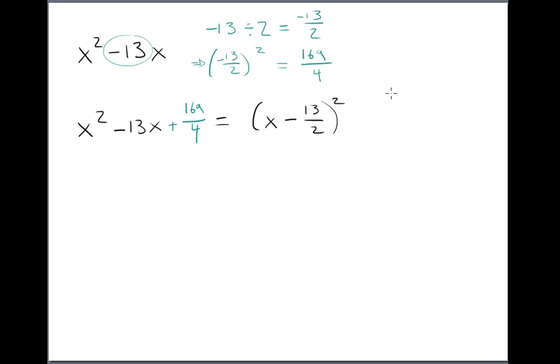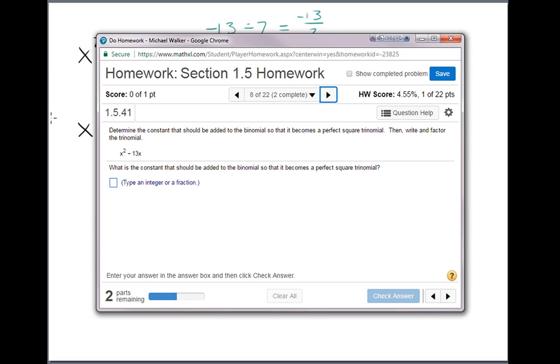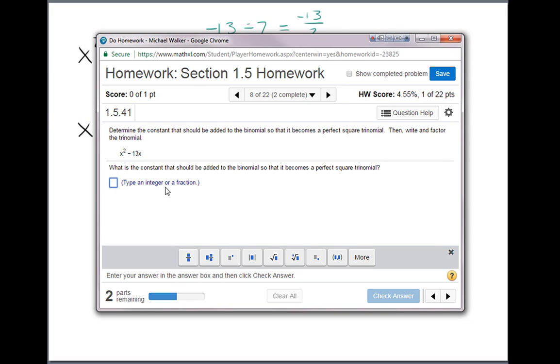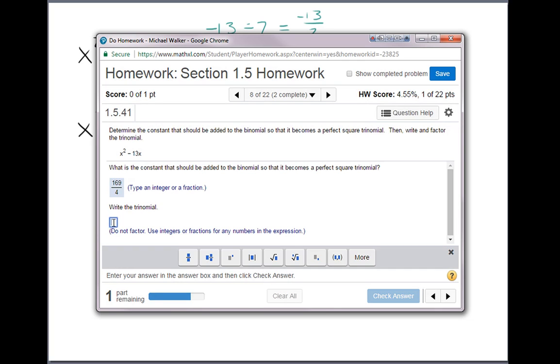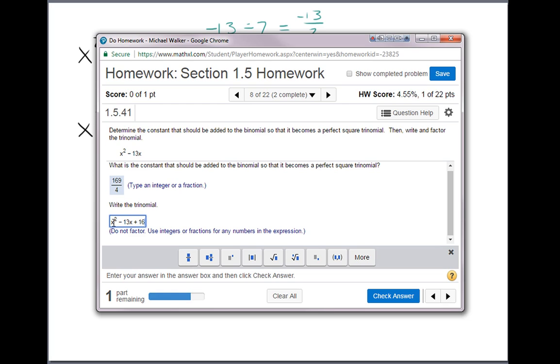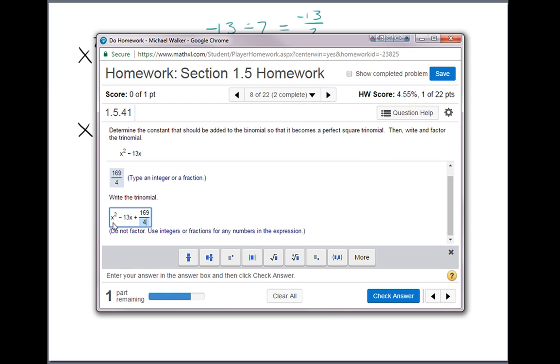Let's flip back over to the Pearson homework and see if that's correct. Okay, so what's the constant? And we need to type an integer or a fraction. It was 169 divided by 4. That's what we needed to add. Alright, now what's our trinomial going to be? x squared minus 13x plus 169 divided by 4.